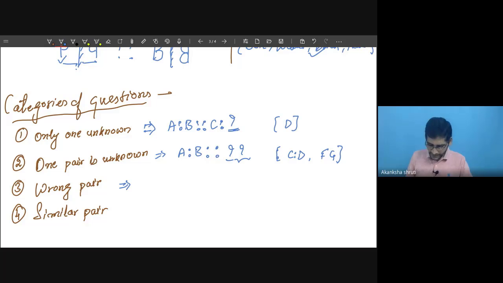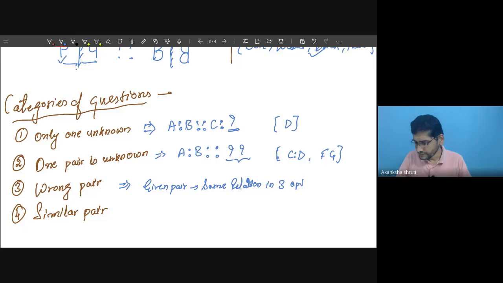In the wrong pair, whatever the given pair, based on that the same relation is followed in three options.